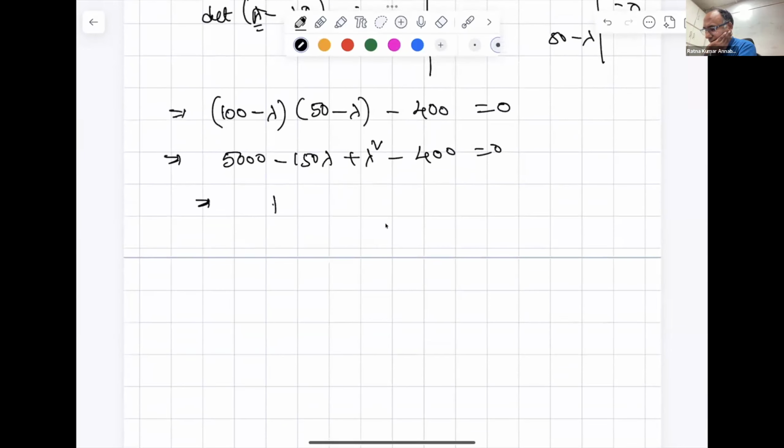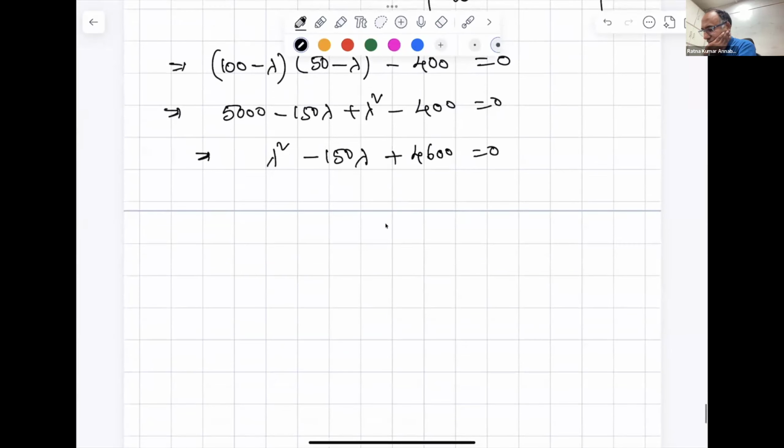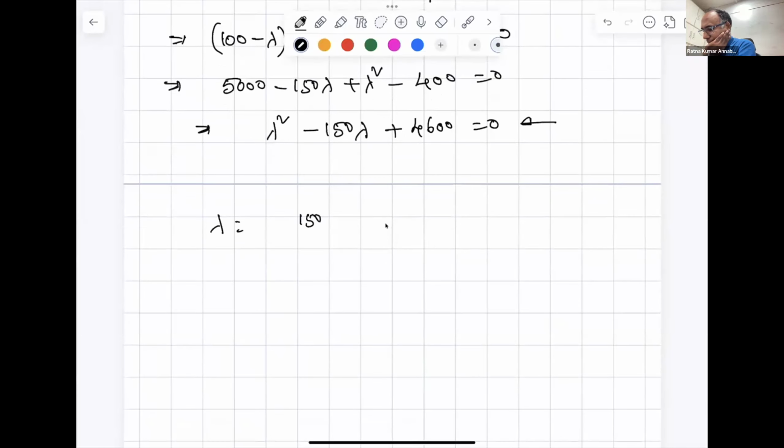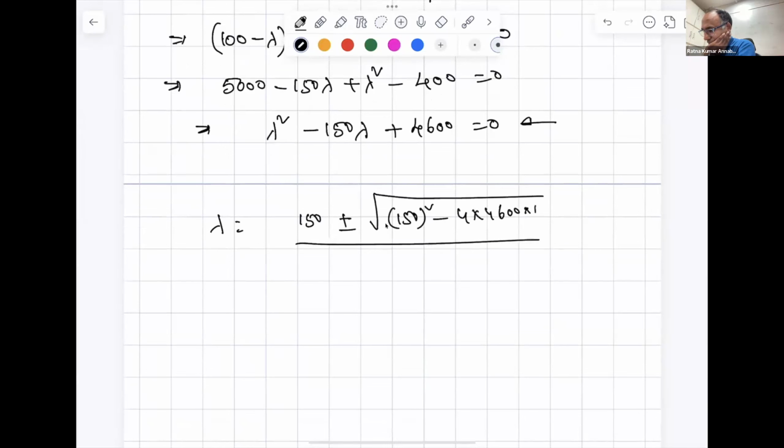That implies lambda square minus 150 lambda plus 4600 is equal to 0. This is the equation. Can you find the solution? Lambda is equal to minus b plus or minus square root of b square minus 4ac, divided by 2a, with a equal to 1 and c equal to 4600.